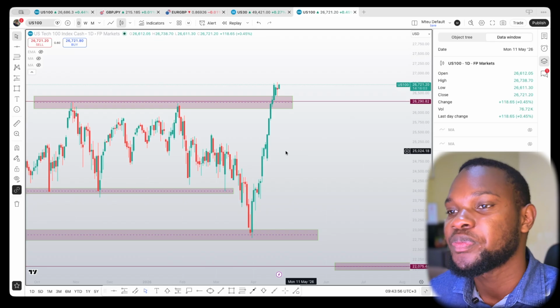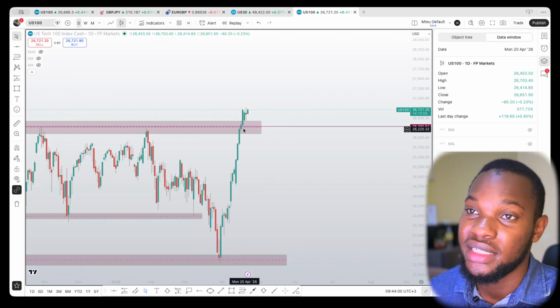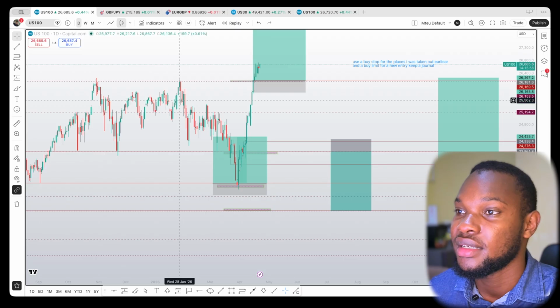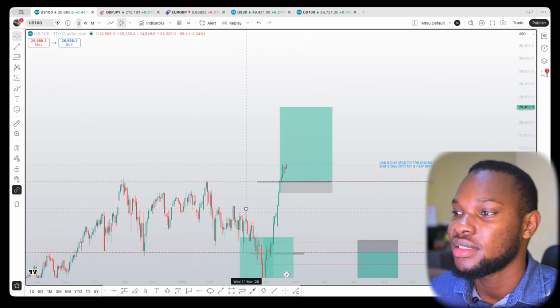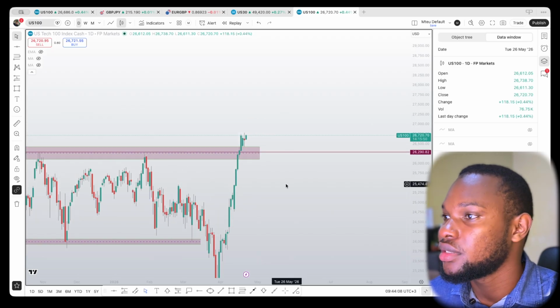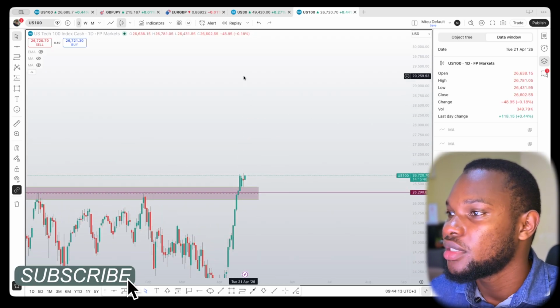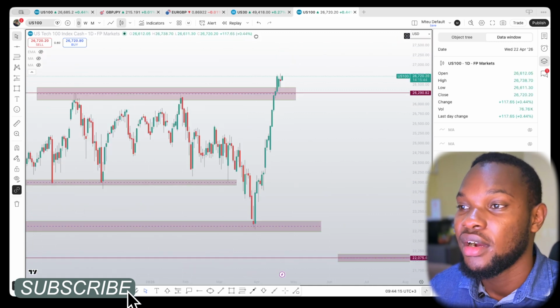But for me, I actually have a position right now. That's the position, you can see. And so you could wait for the move to go all the way to 30,000.